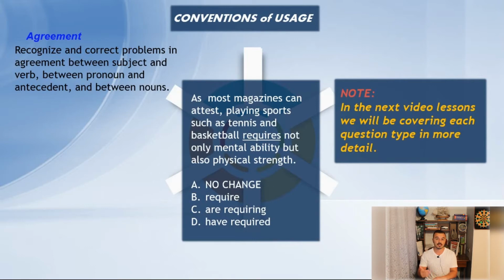Gerunds are always singular, and according to the rule, singular nouns take singular verbs, and plural nouns take plural verbs. As my subject is singular, my verb should be singular too. And only in choice A, my verb is singular. That's why the only correct answer is A.